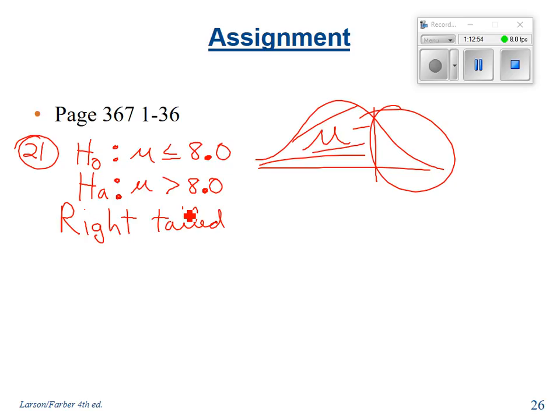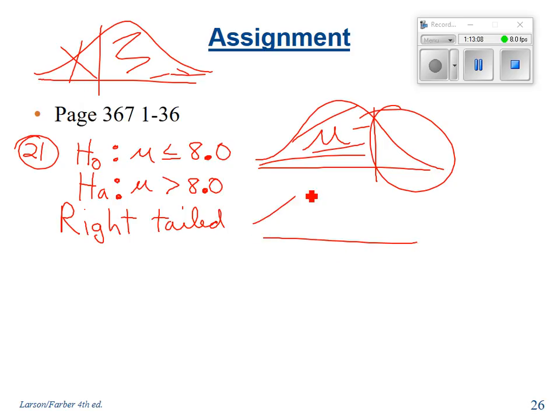So when the stuff that you want is over here, and the stuff you don't want is over here, then that's going to be what? Instead of right-tailed, it's going to be left-tailed. When we draw it, and the stuff that we want is in here, this is the stuff that we're okay with, then that's going to be what?